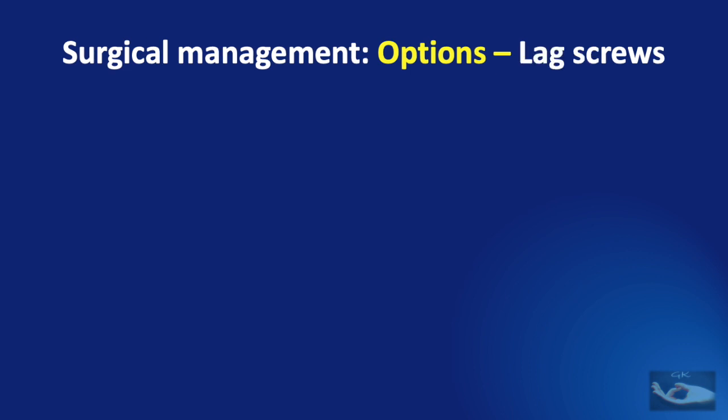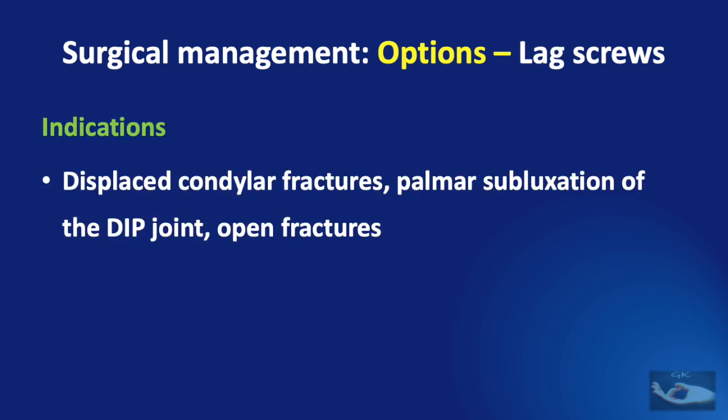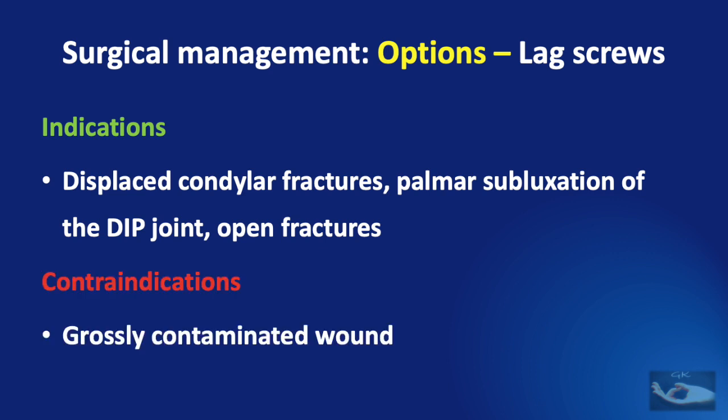Lag screws can be used for fixation of displaced condylar fractures or palmar subluxation of the DIP joint and in open fractures. The only contraindication would be a grossly contaminated wound.